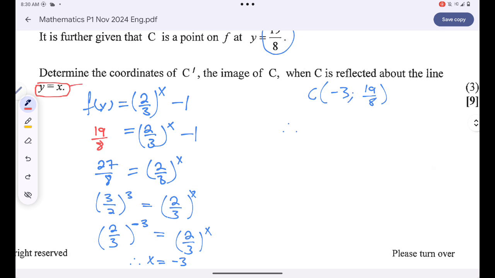And for the inverse, guys, it's very, very simple. You just interchange the values of x and y. So the image of C will simply be 19/8, and the y value will be -3. That's how, guys, we're supposed to tackle that question over there.